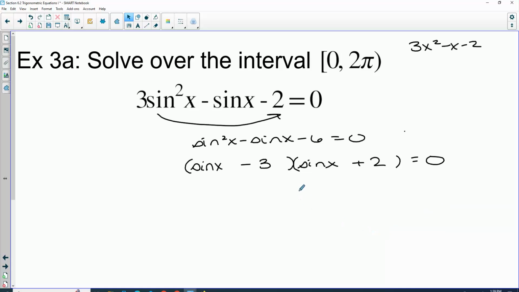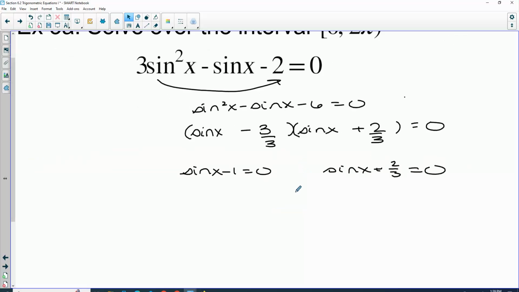Now what? Divide our 3 back. You can even leave it like this, so sine x minus 1 equals 0, and sine x plus 2/3 equals 0. So now we have to solve these.